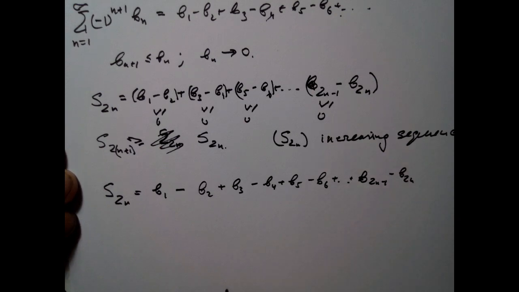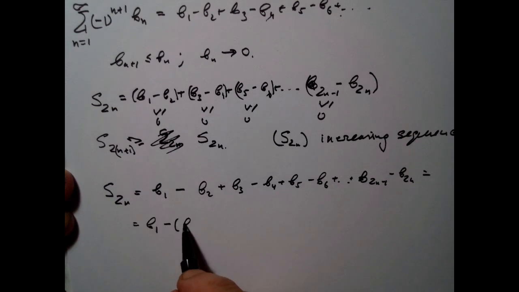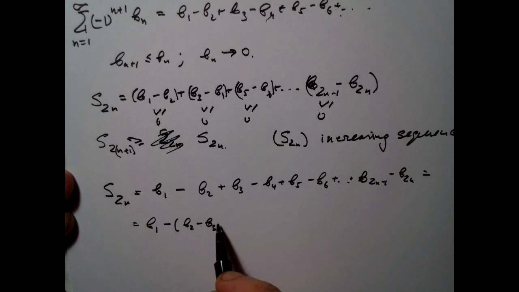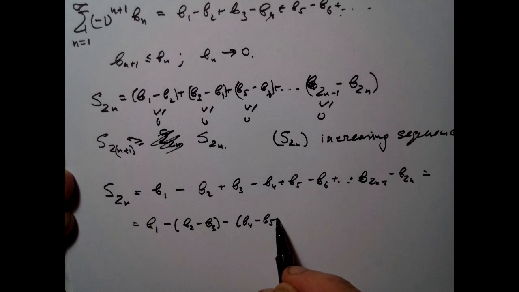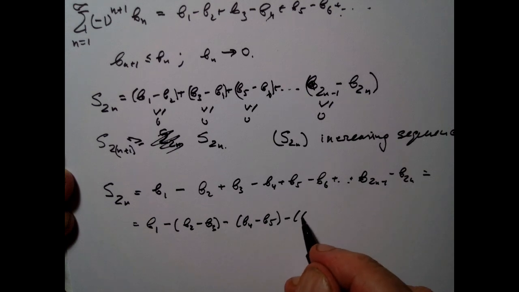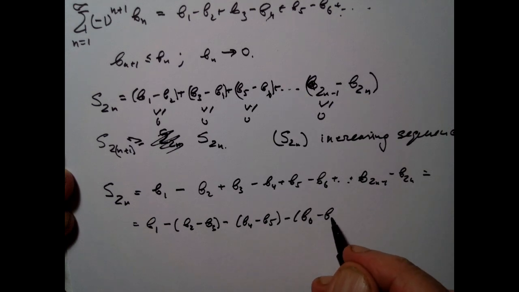This time I'm going to put the brackets a little bit differently. I will say that this is equal to b1 minus (b2 minus b3) minus (b4 minus b5) minus (b6 minus b7) minus etc.